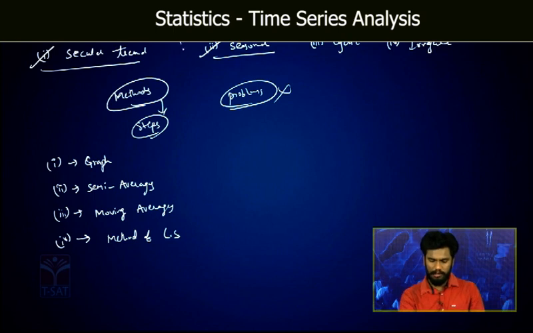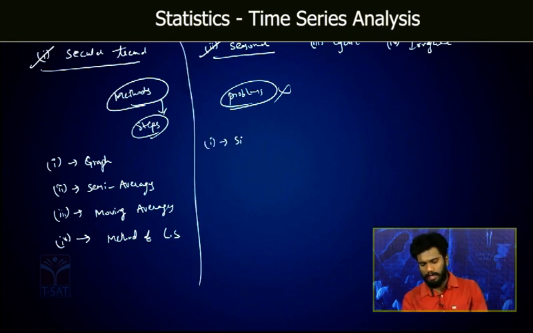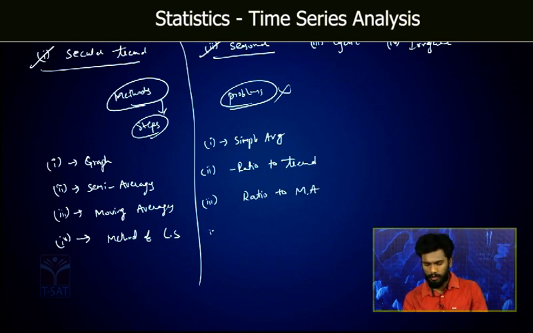When coming to seasonal variations, we have the simple averages method. The second method, ratio to trend method. The third method, ratio to moving averages method. The next one is the link relative method.